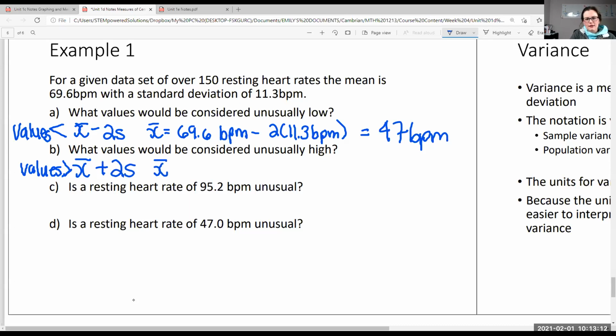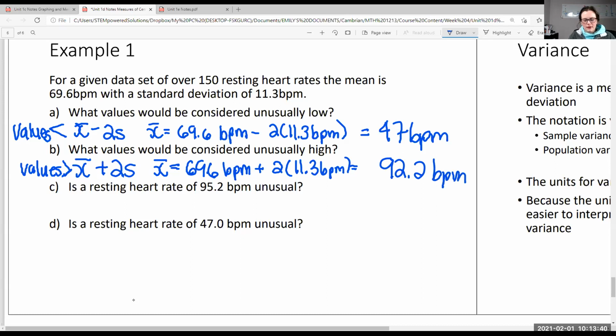So X bar, or the average, is equal to 69.6 beats per minute. And then we're going to add 2 times 11.3 beats per minute. And this will equal 69.6 plus 2 times 11.3, which equals 92.2 beats per minute.